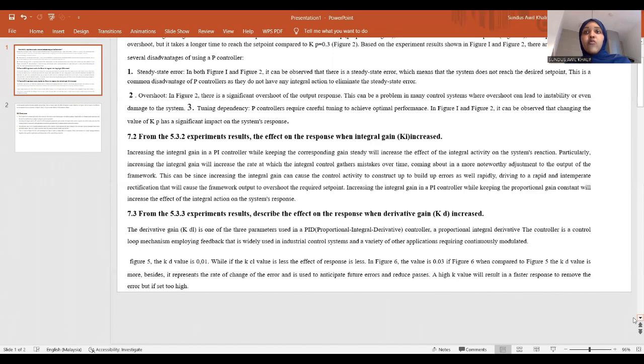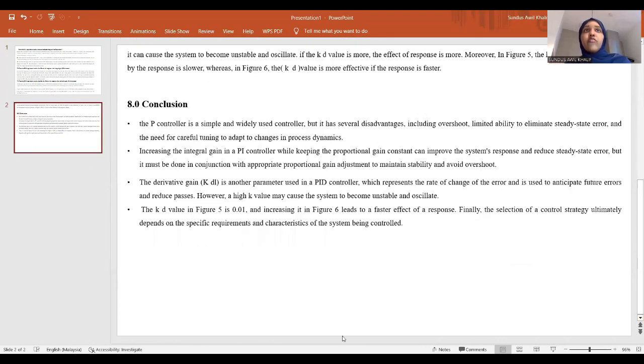A high KD will result in a faster response to remove the errors, but if set too high, it can cause the system to become unstable and oscillate. If the KD value is higher, the effect on the response is greater. In figure 5, the KD value is lower, so the effect on the response is lower, whereas in figure 6, the KD value is higher and the response is faster.